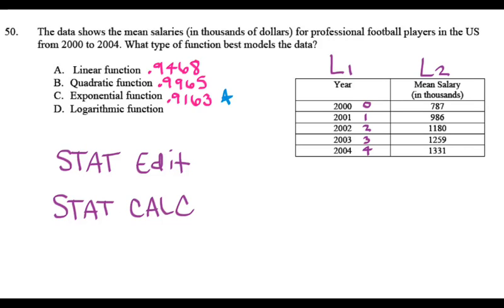But logarithmic regression, again, gives you an error. So your answer for this is the one that's closest to 1, which is B.